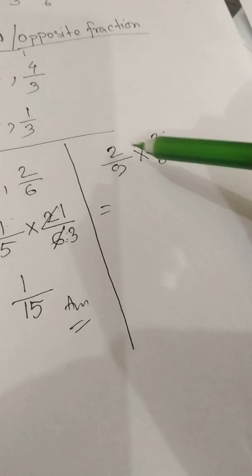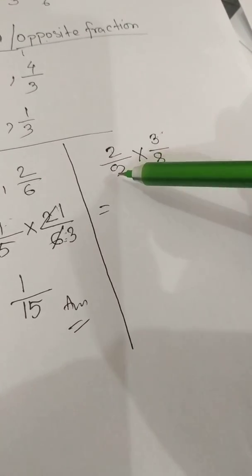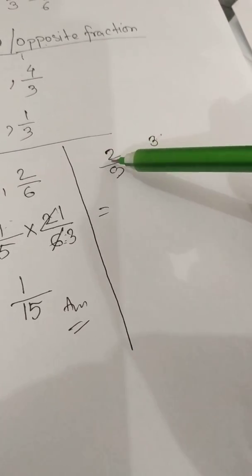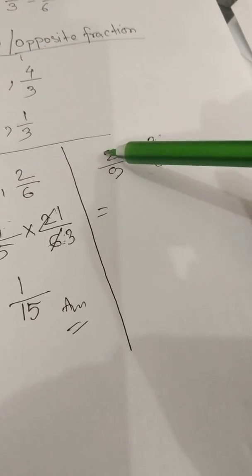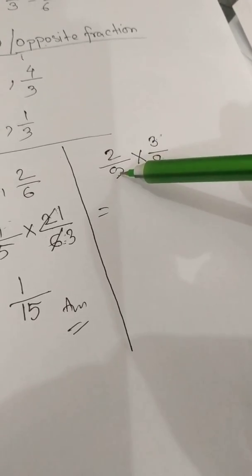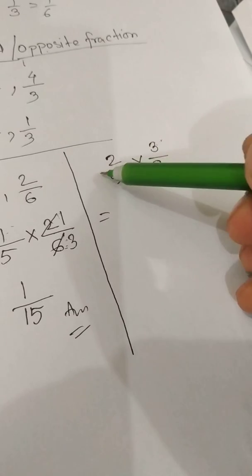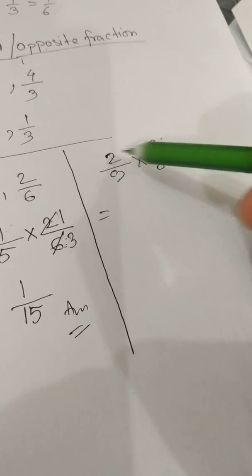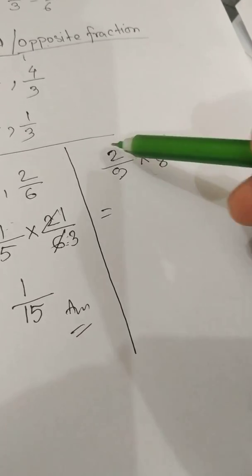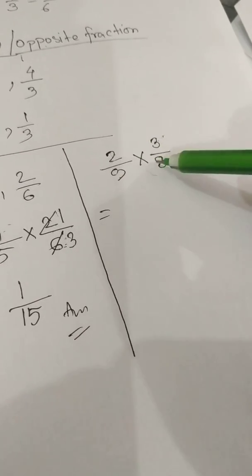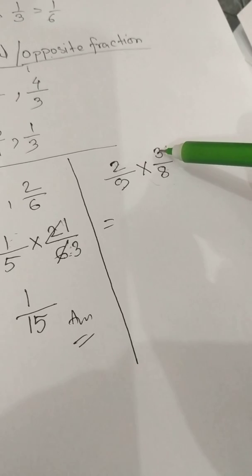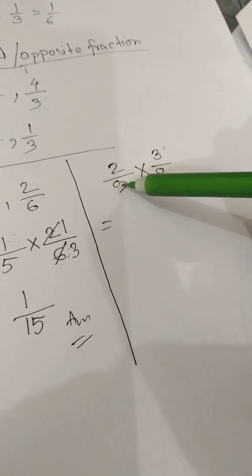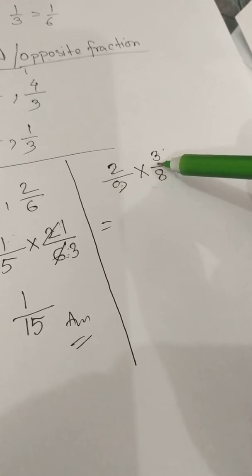But in terms of multiplication, you can actually reduce the fraction crosswise as well. Suppose in this case we can consider 2 and 8. When you see a multiply sign, you can reduce crosswise. Now 9 is divisible by 3, and 3 is divisible by 3.